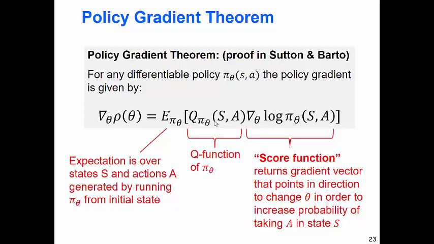Because we know if you were doing real, exact policy iteration, if pi theta was your policy, you compute the Q function, and the improved policy is just the maximum action of that Q function.